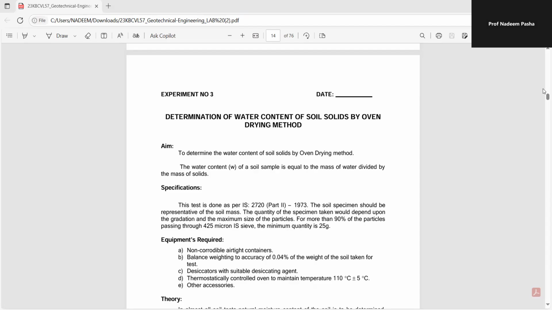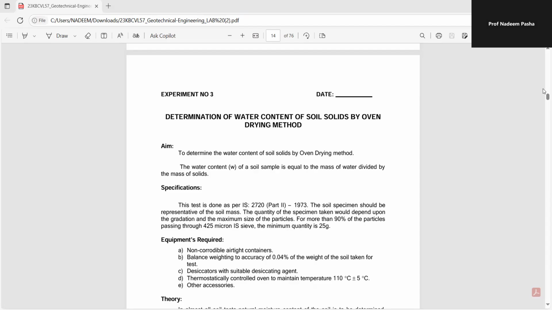So which specification is used for performing this test? This test is done as per IS 2720 Part 2 1973.